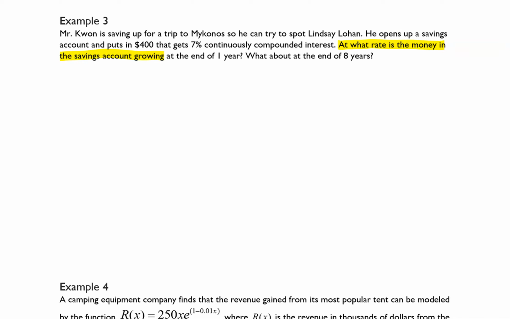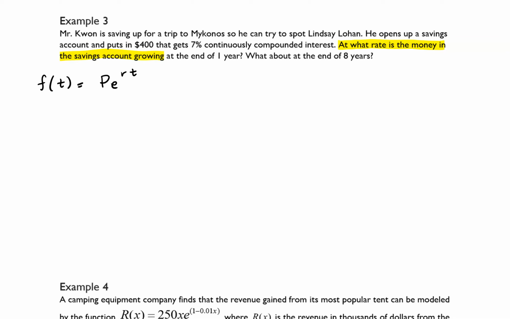Now, when you're talking about continuously compounded interest, this is something that is supposed to be review from either pre-calculus or a college algebra class, and we need to make our function first. So I'm going to call it f of t is equal to, the formula for continuously compounded interest is P times e to the rt power.